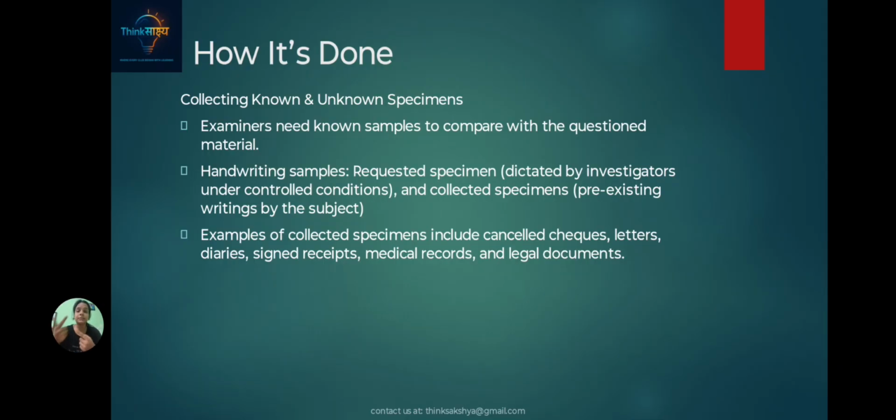He or she will dictate a paragraph, and the person who is a suspect will write it down and give it as a specimen. This is known as a collected specimen. For unknown specimens, we can collect cancelled checks, letters, diaries, and signed receipts which are pre-existing in his closet or home. So those are the unknown specimens. This is how we compare both of them with the suspected writing or the evidence collected from the crime scene.